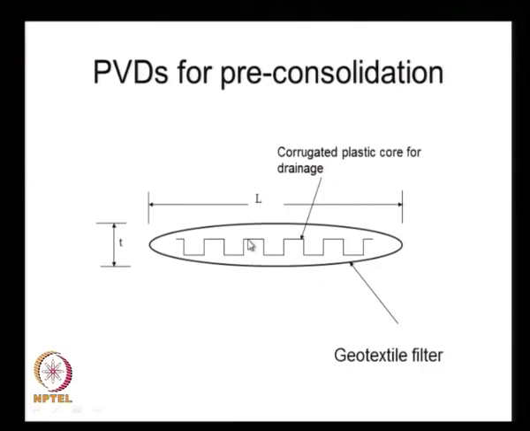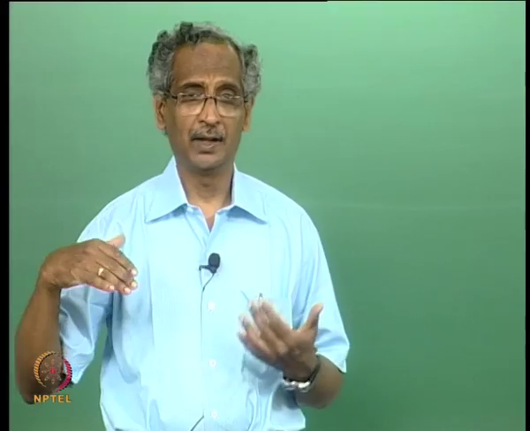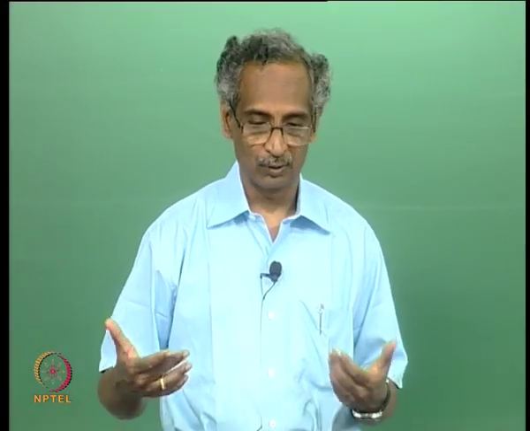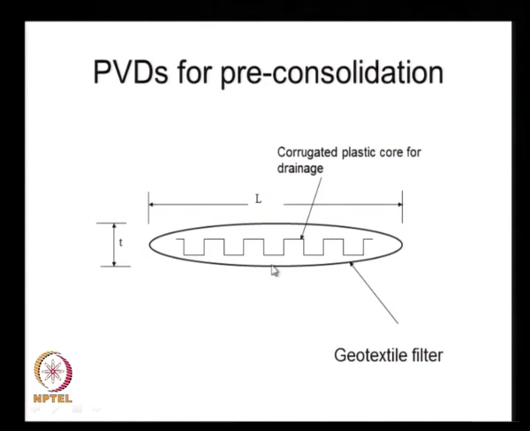In the case of the sand drains, because of the pressure applied, that provides the gradient for the water to flow, and the water flows through this wick. As opposed to the sand drains, this has two components: one is a drainage component and the other is a filter component, whereas in the case of sand drains, there is only a drainage component, there is no filter to stop the fine soil particles from migrating and then clogging the sand.